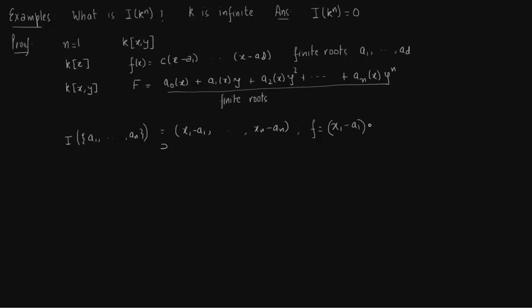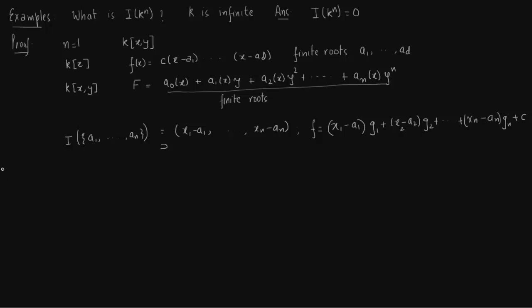If it vanishes at a1 to an, then you divide it successively by x1 minus a1, then by x2 minus a2, and so on. So we can write the polynomial like this, by successive division, plus c.